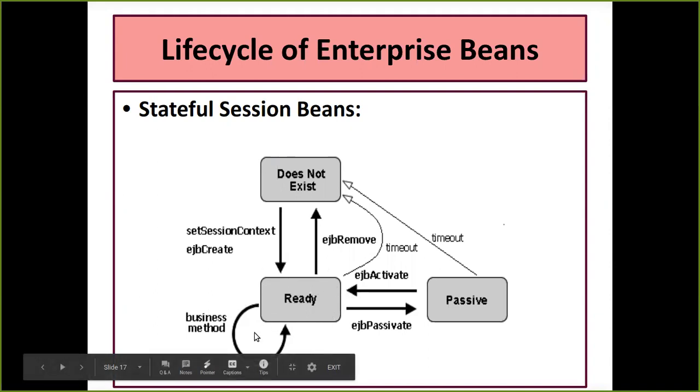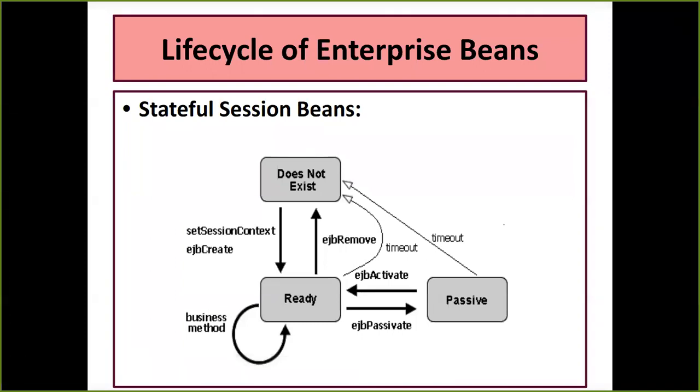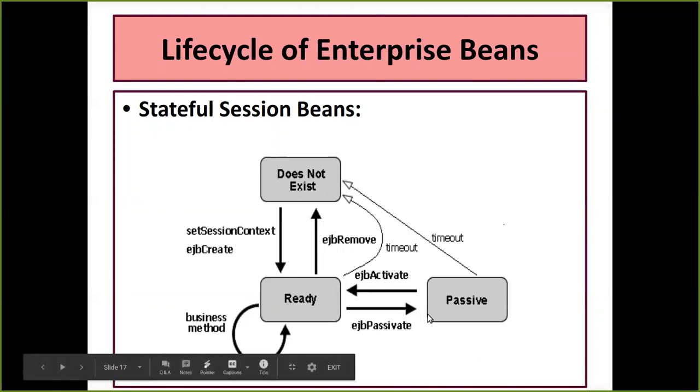Once it is done, it checks whether your EJB has been activated or passivated. That means the container, not we, is going to check the whole life cycle of the stateful session bean. How do you make your container understand that your EJB file contains activate or passivate methods?